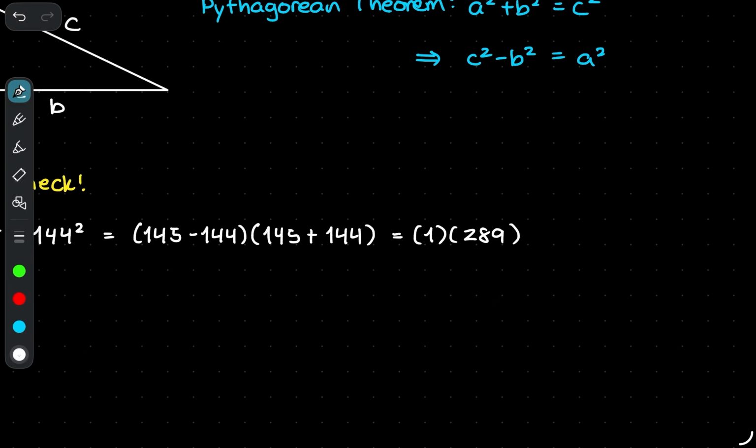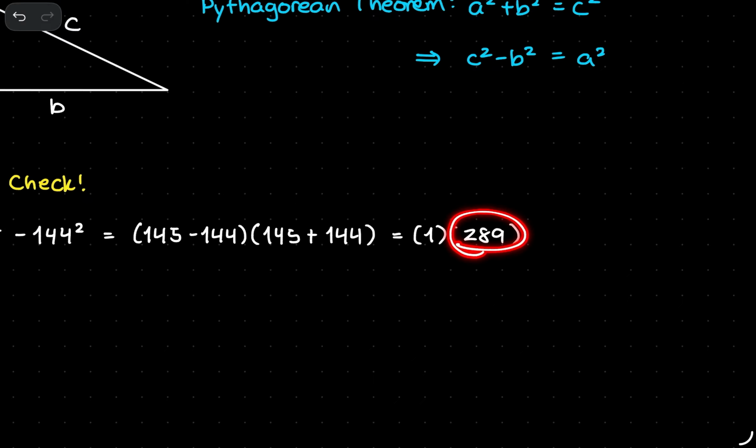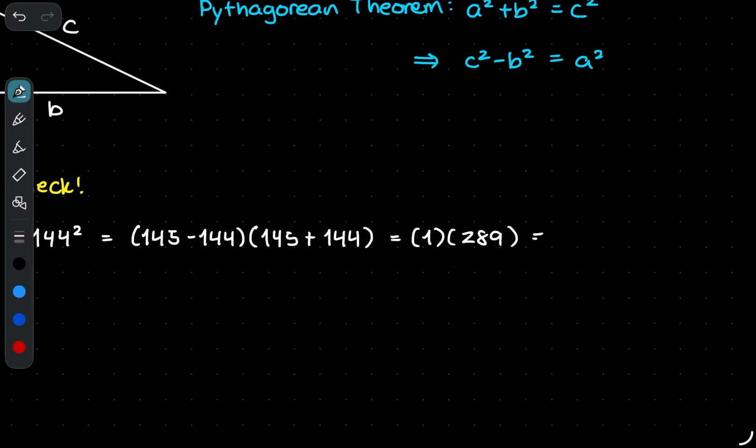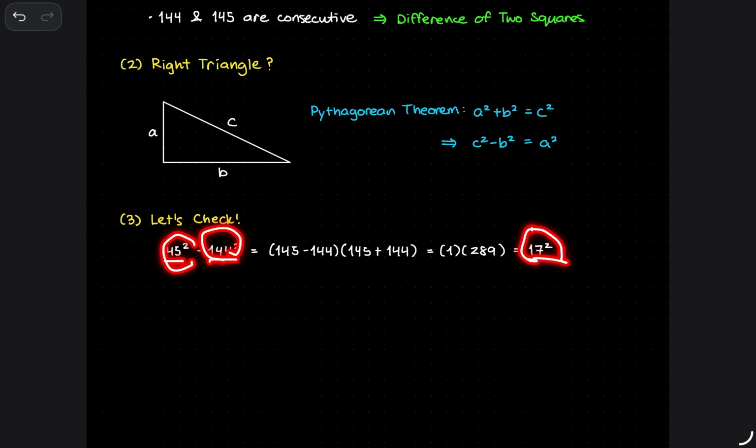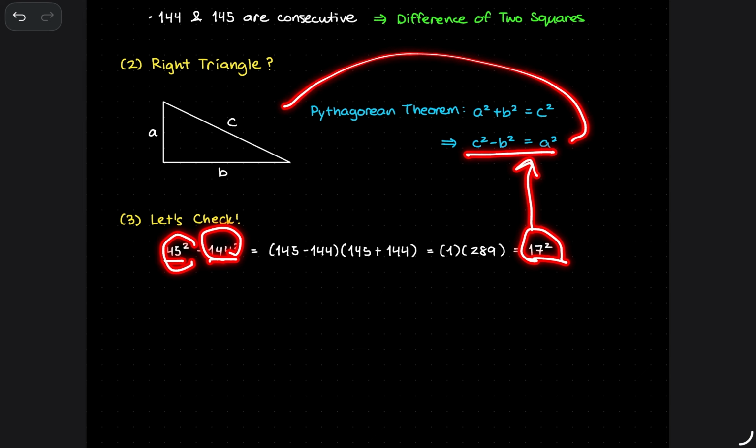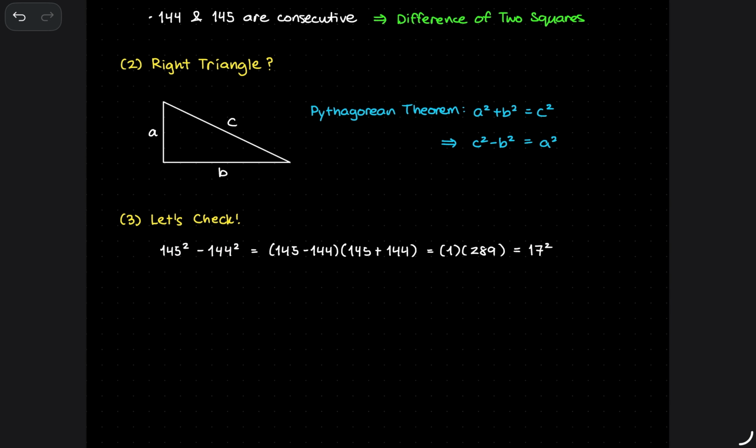And this is where the magic comes in: 289 is actually equal to 17 squared. This is the relationship that we want. As we can see, 145 squared minus 144 squared is equal to 17 squared. In other words, these three numbers satisfy the Pythagorean theorem, and in turn must mean that these three form a Pythagorean triangle.